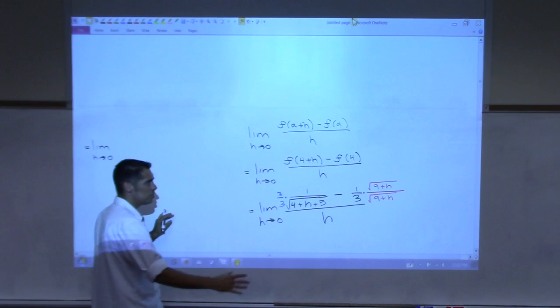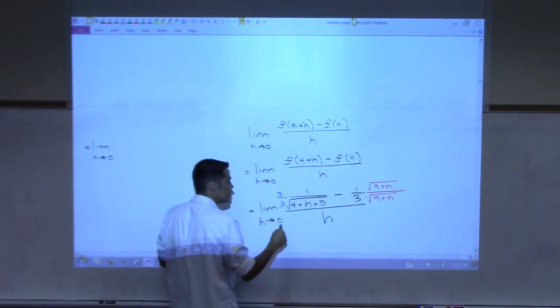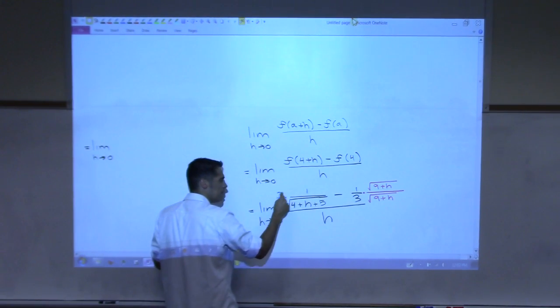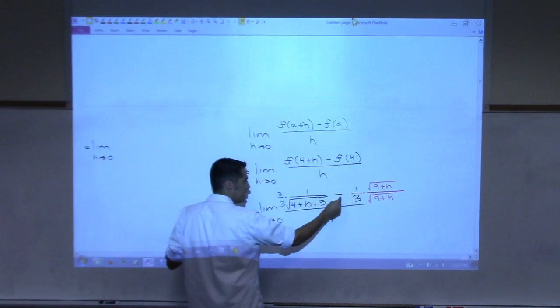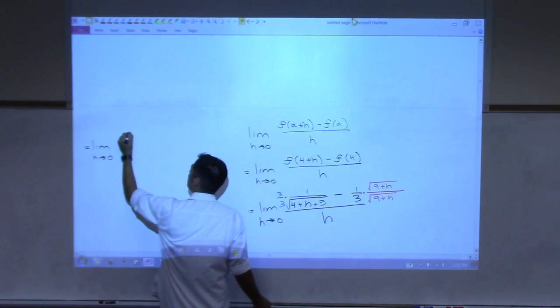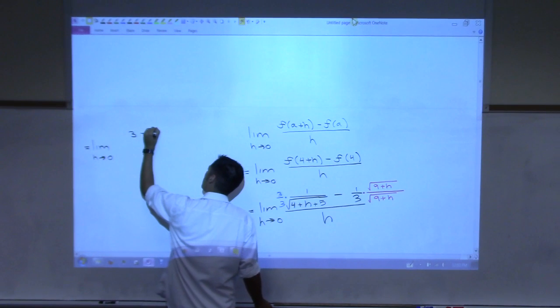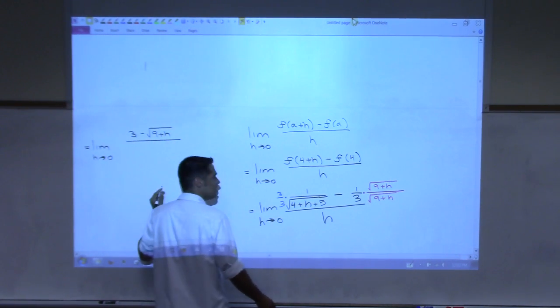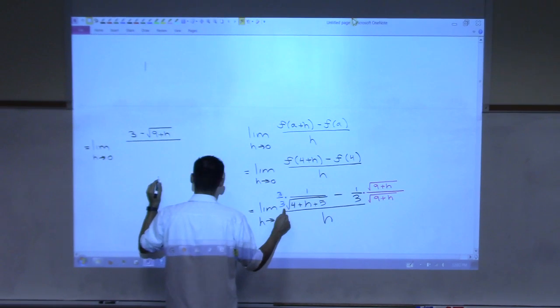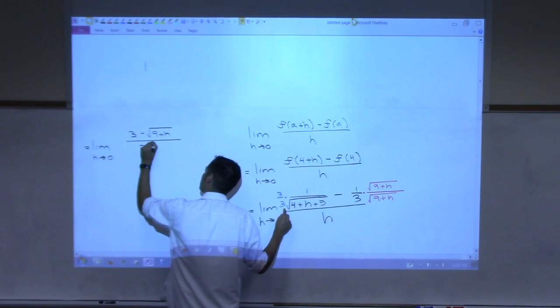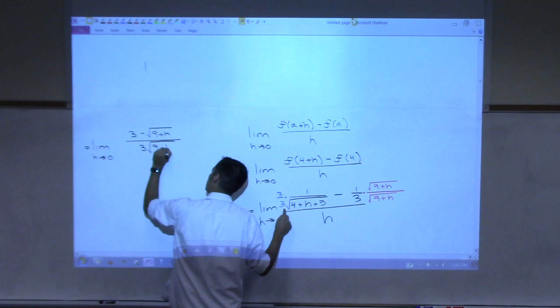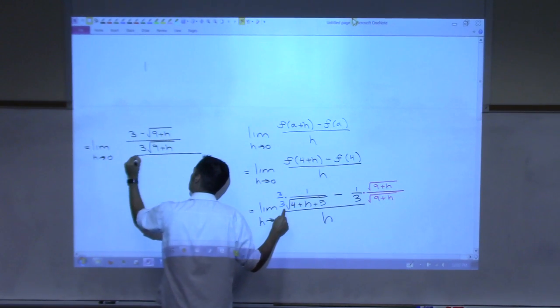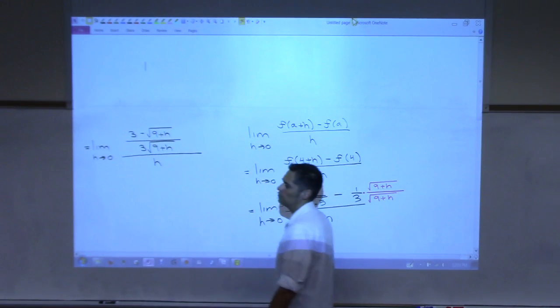Now when I put these two together, the numerators combine. So I have 3 times 1, 3. Take away 1 times that. So it's 3 take away square root of 9 plus h over the common denominator, 3 times root 9 plus h, all of that over h.